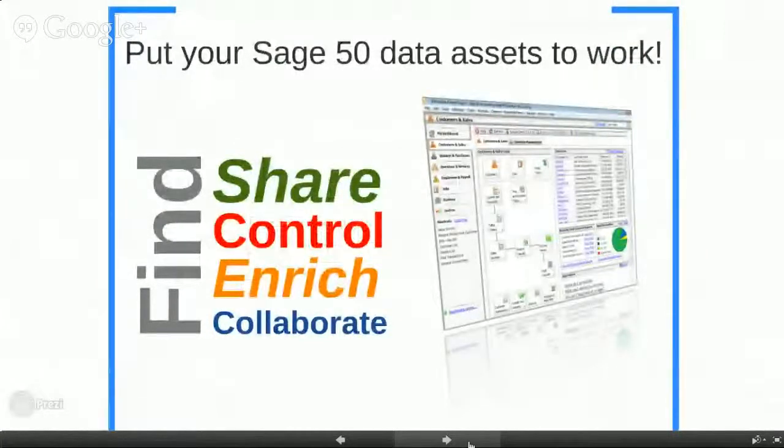Because if you're in a small to medium-sized business using Sage 50, you are probably sitting on top of the richest data asset that your company has. You'd have spent time diligently making sure that the entries are correct. And by definition, it holds your complete and correct list of customers, unlike your sales team spreadsheets.